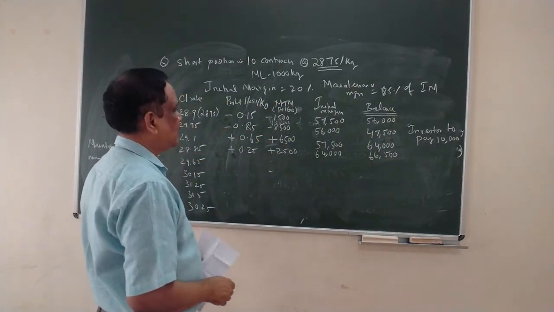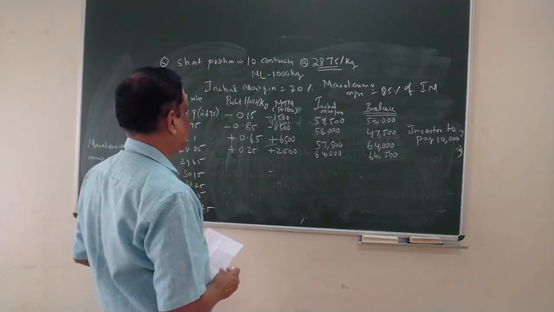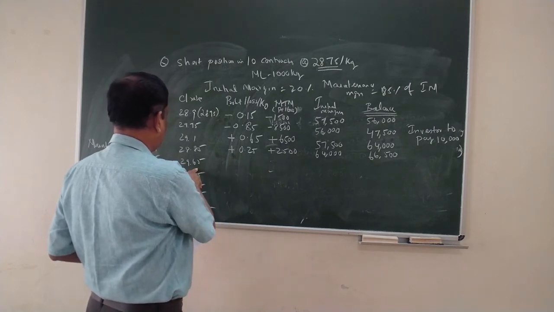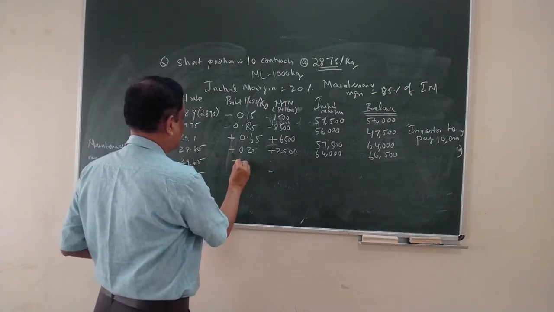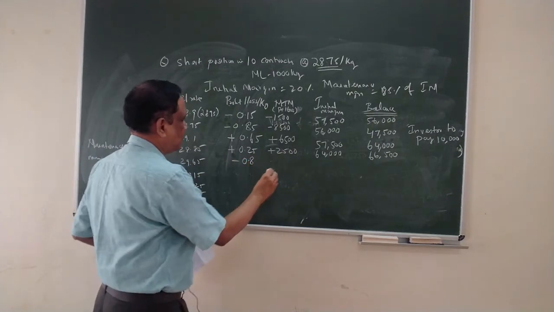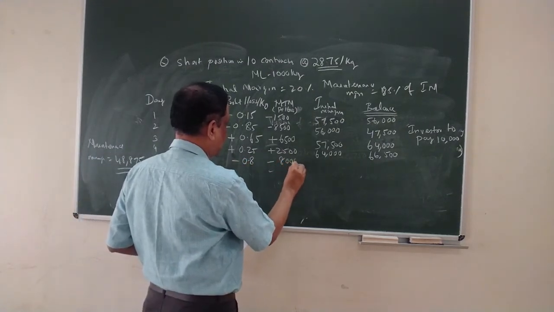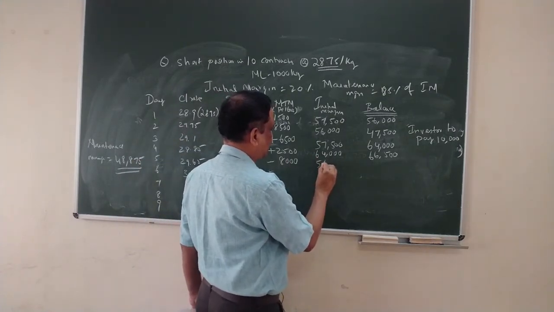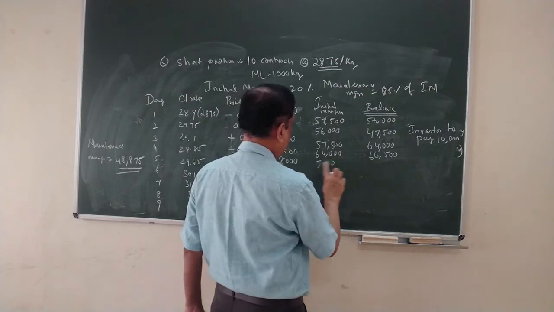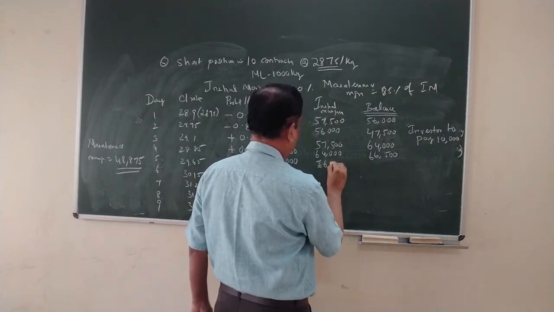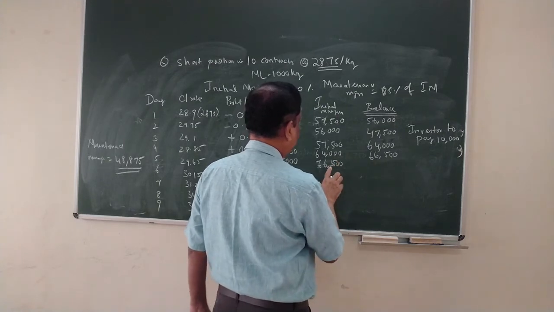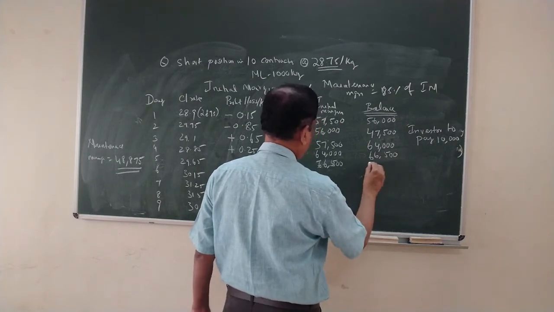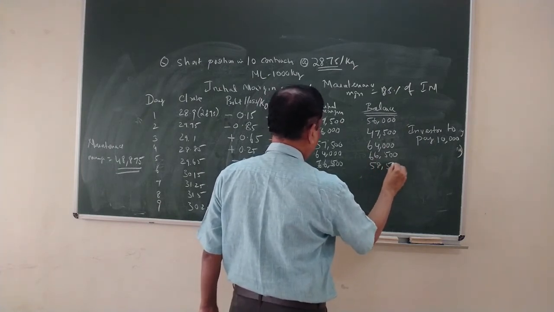His available balance will become 66,500. And the next day it becomes 29.65, which means it is minus 0.8. So he makes a loss of 8,000 rupees. 66,500 is the margin, minus 8,000, this will become 58,500.